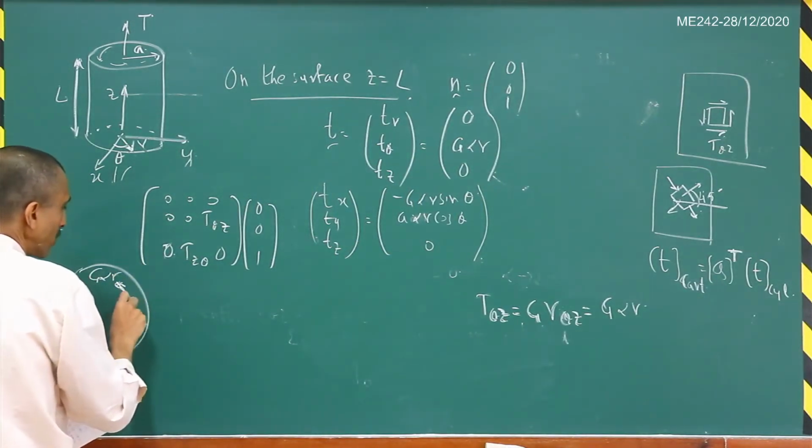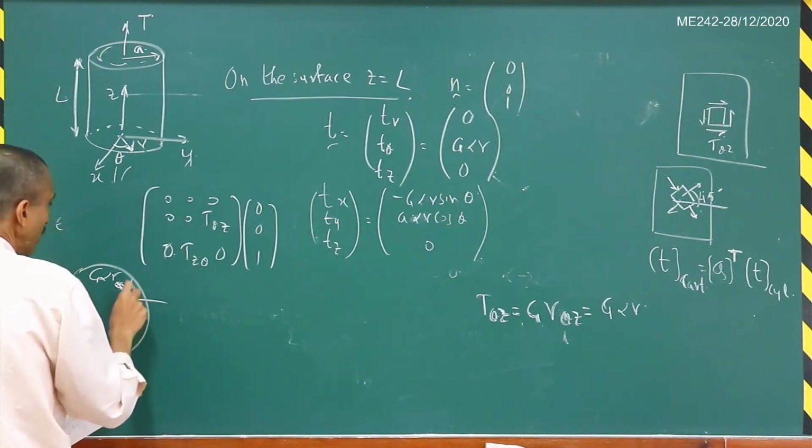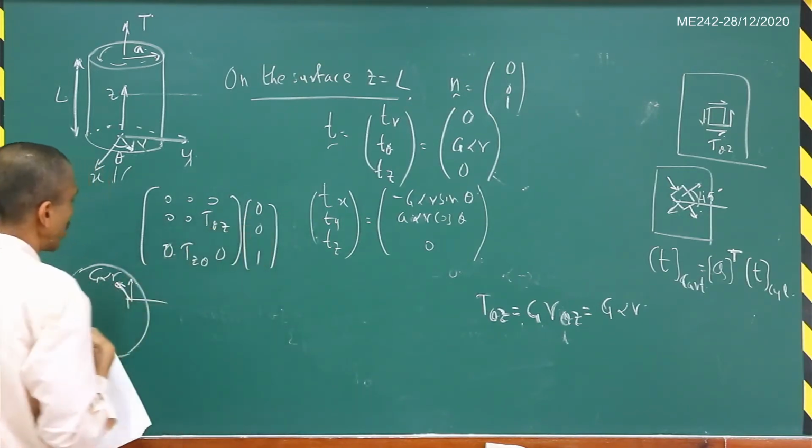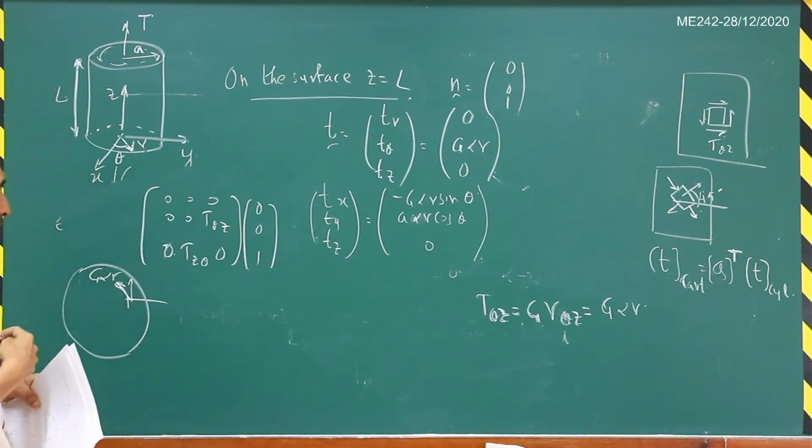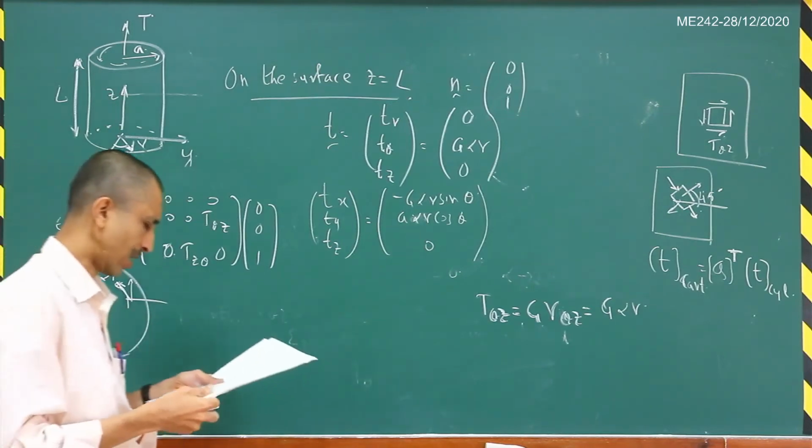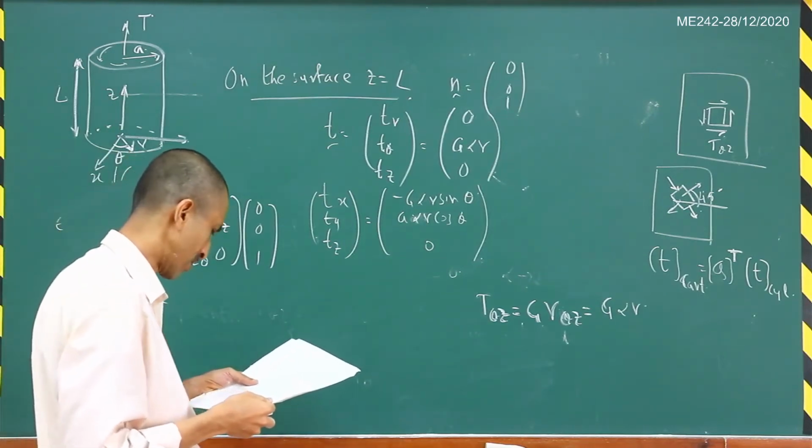So if you simply resolve it along the x and the y directions, you will get minus G alpha r sine theta and G alpha r cos theta. Those are the components along the x and the y directions here.